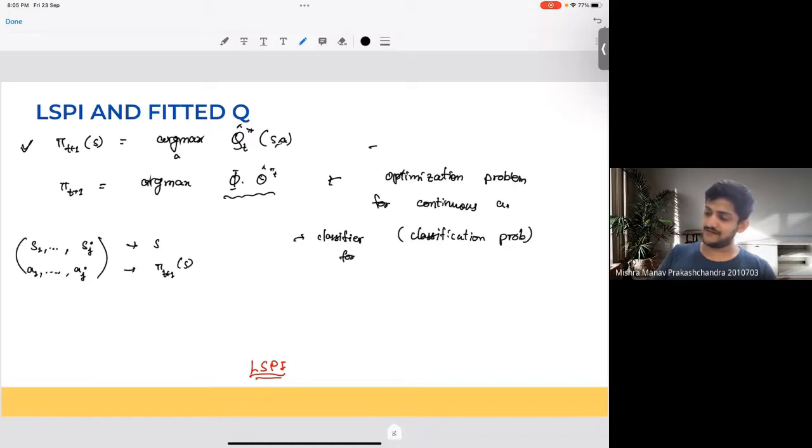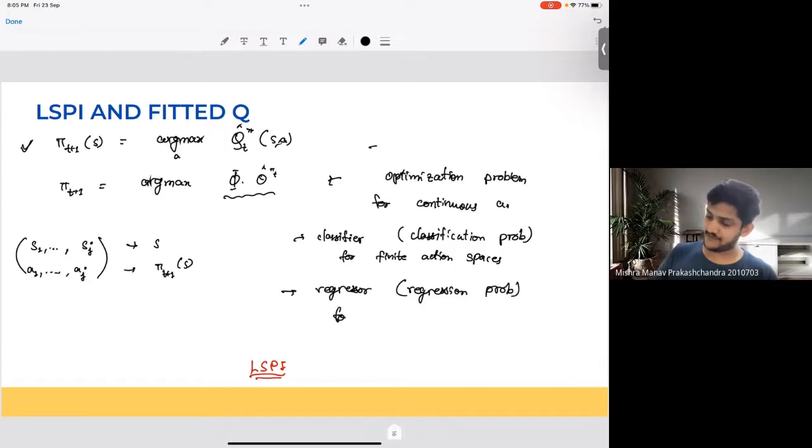For finite action space, okay. Otherwise, I use a regressor to solve a regression problem for continuous action spaces.